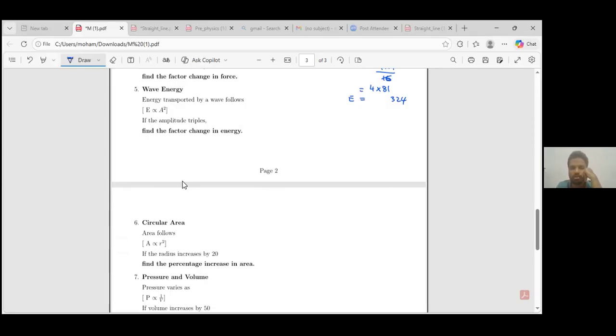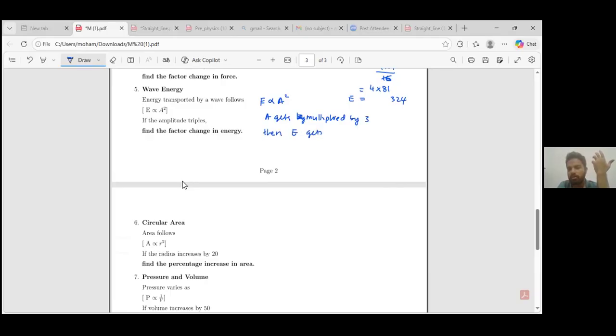Okay, so you can see E is proportional to a square, right? And we are increasing a by multiplying it by 3. It's tripled, right? So a gets multiplied by 3. Then what happens to E?